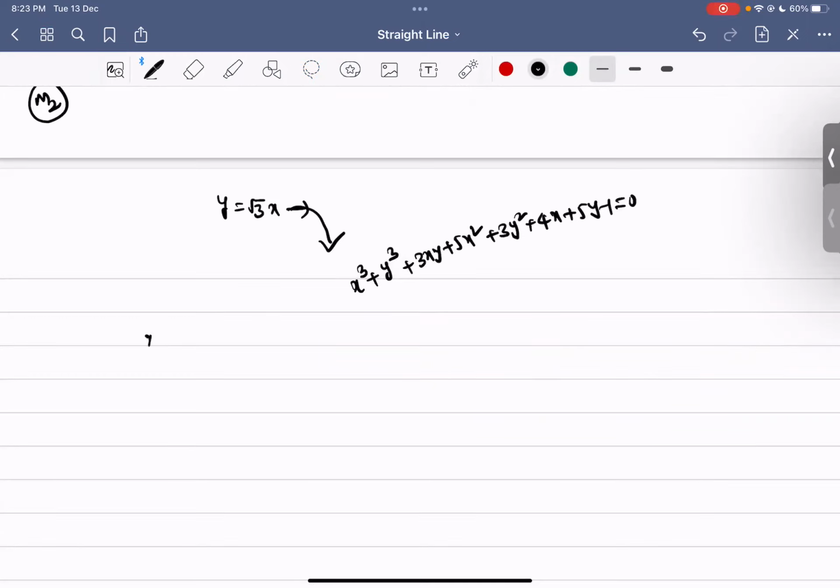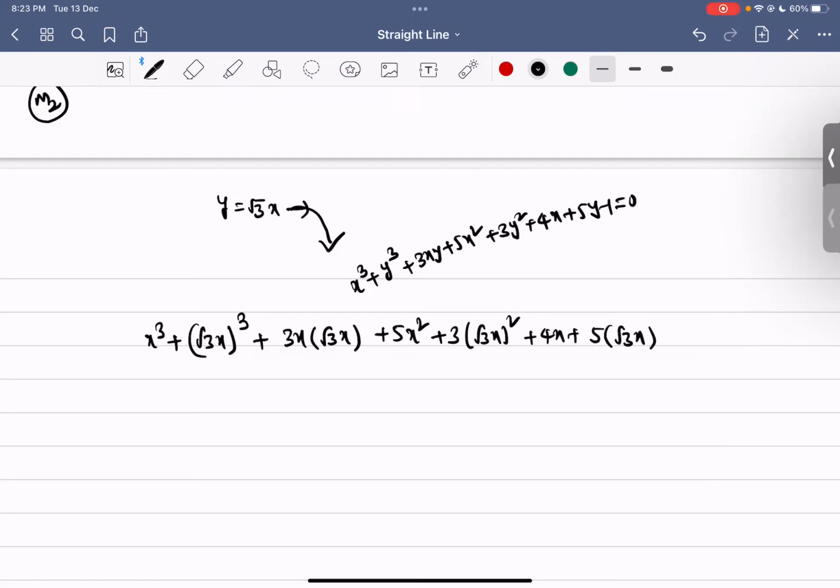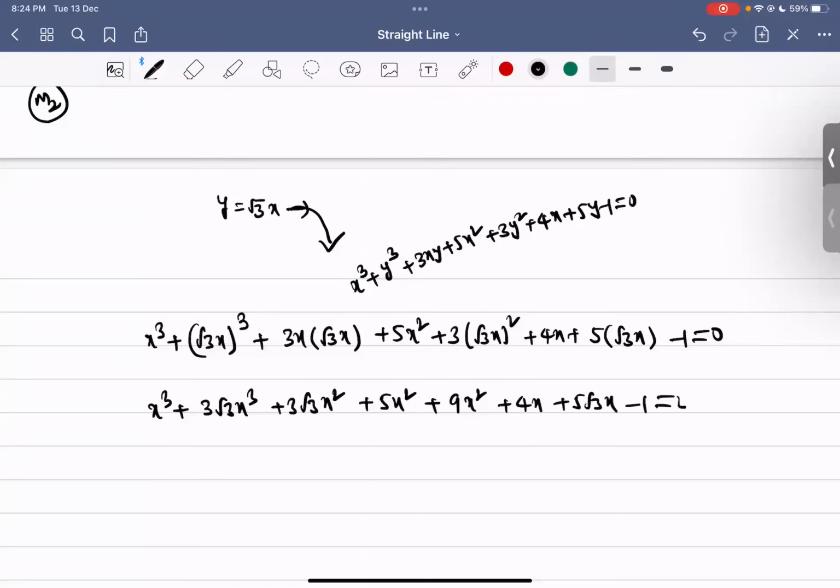Then what do you get? x cube plus 3x into root 3x plus 5x square, plus 4x plus 5 into root 3x minus 1 is equal to 0. Therefore 3 root 3 x cube plus 9x square plus 5x square plus 4x plus 5 root 3x minus 1 is equal to 0.